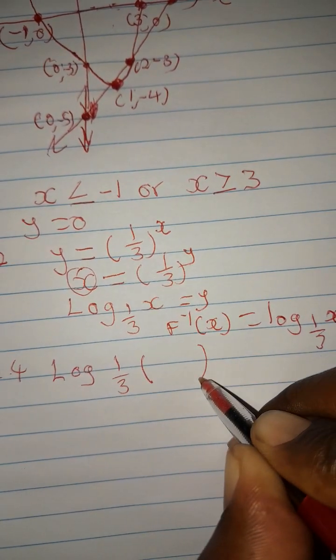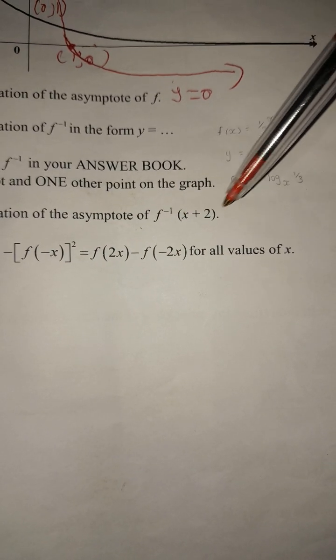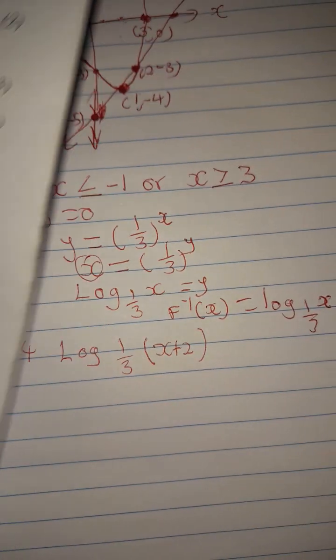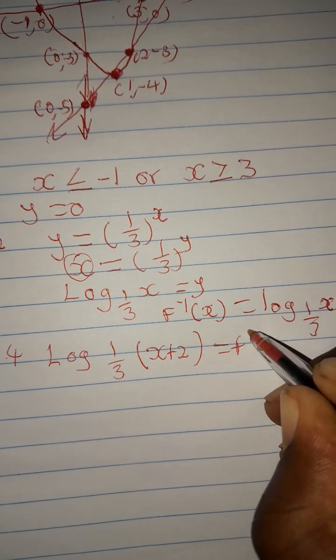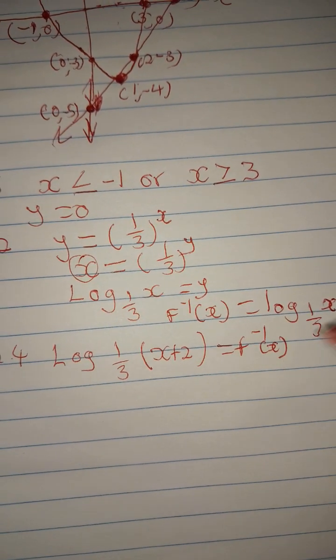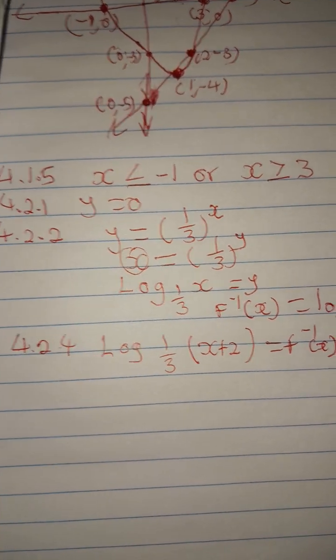So meaning that where there is x, we're now gonna put x plus 2. There was a shift, as we can see from this part, so it's x plus 2. So that's what we are going to have. So you will leave it like this. Then that's 2 marks.